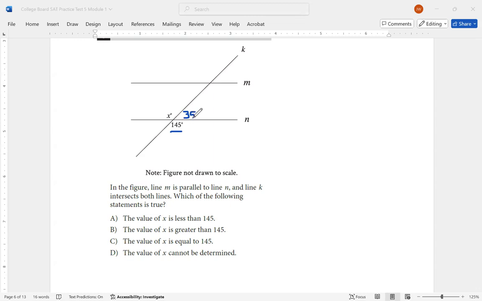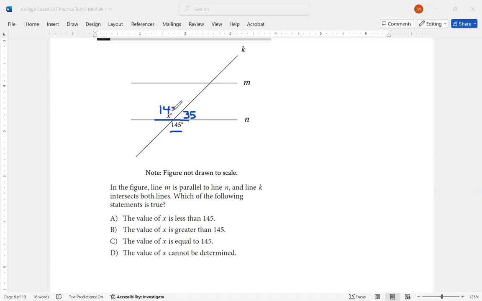That is 35 degrees. And since this is a straight line, and X and 35 have to add to 180, that means X has to be 145 as well.